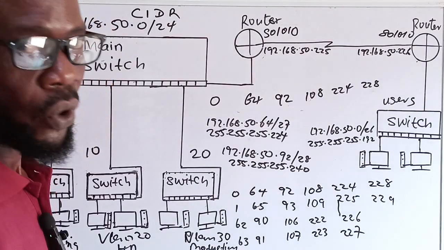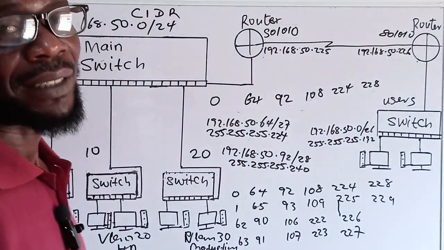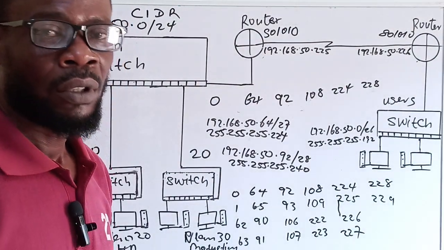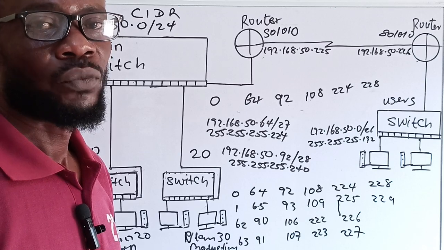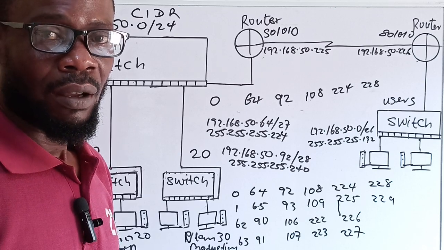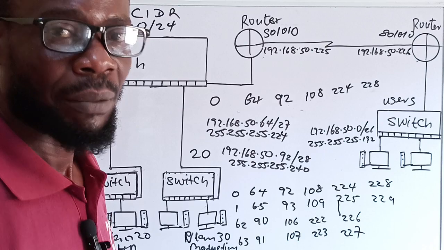That is why it is called classless interdomain routing, or you can call it supernetting or variable length subnet masking.